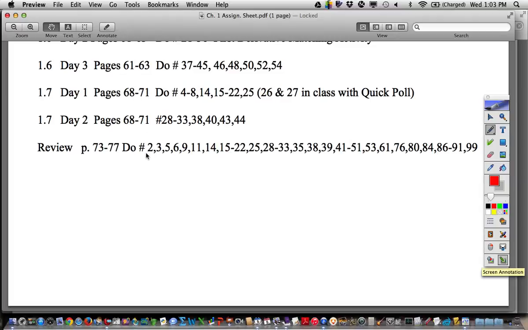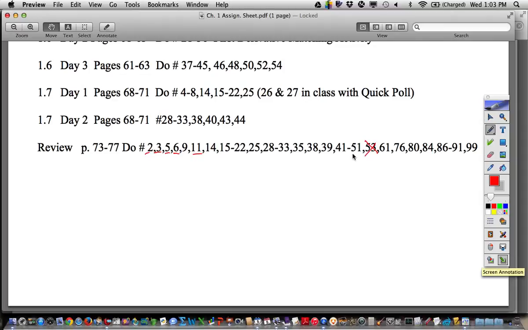So 2, 3, 5, 6, 11. Let's see. I can't remember about 50. The ones I'm underlining are ones that are okay to do, but 53 I would skip.